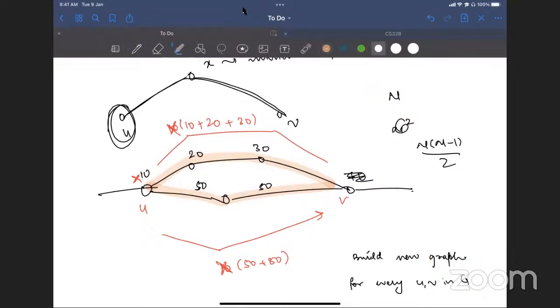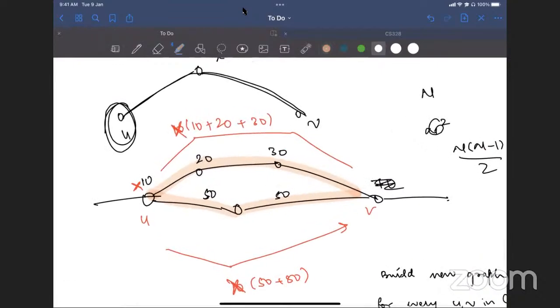Then how do I find the shortest path from U to V? The shortest path would be the minimum cost one, but are you asking for something else? Yeah, you're doing a normal graph. So yeah, you can run a normal Dijkstra.